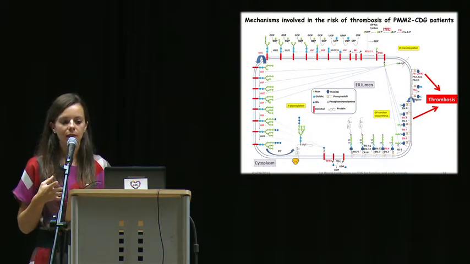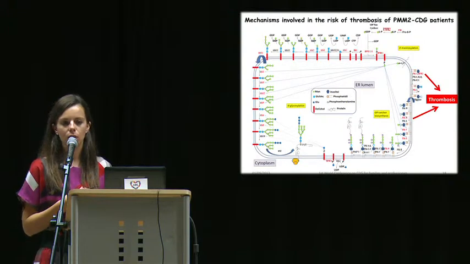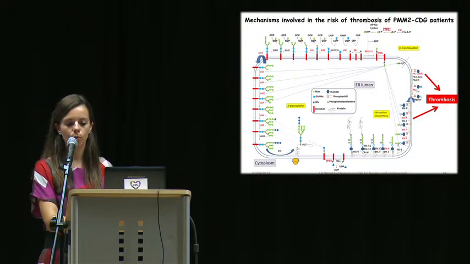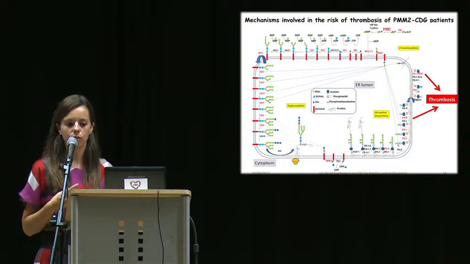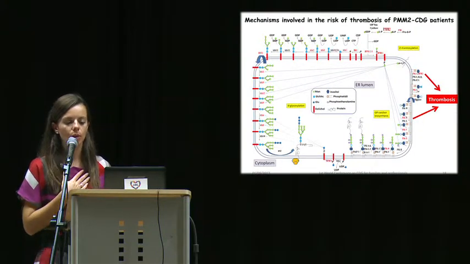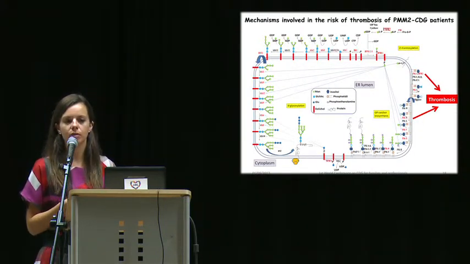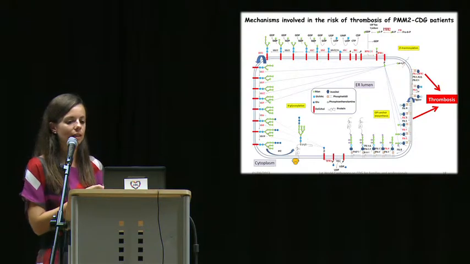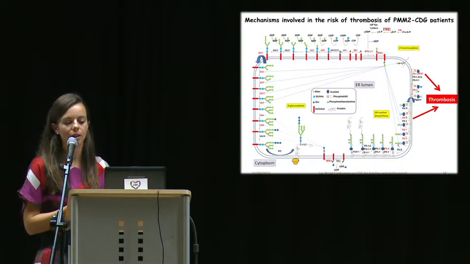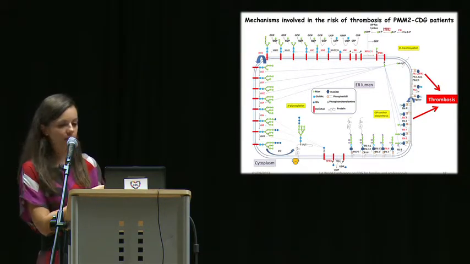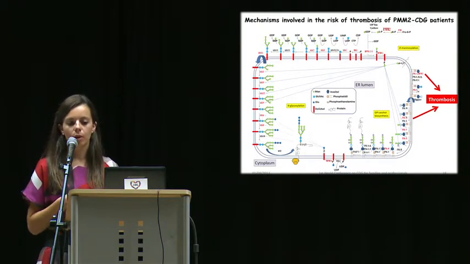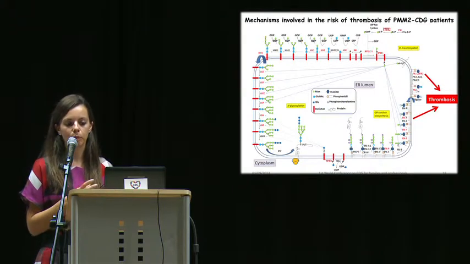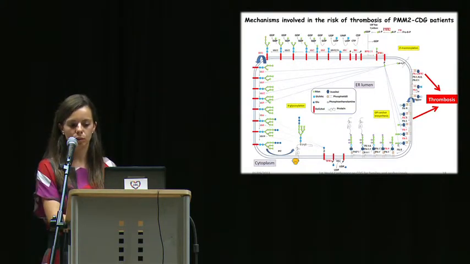And interestingly, it is known that some different diseases with a GPI deficiency are associated with thrombotic complications. For that reason, and because in PMM2-CDG patients this pathway has never been studied before, we studied the GPI protein expressions in PMM2-CDG patients.